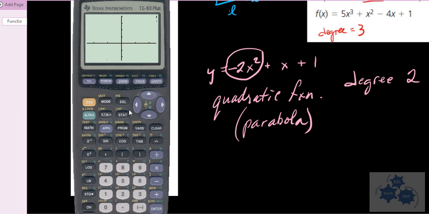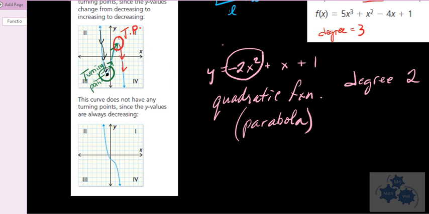All right, let's see what happens there. Wonderful, you're right. So it opens downward. Okay, so the end behavior changes. It's important. The end behavior changes when the sign on this changes. This is called the leading coefficient. I don't know if you'll see this in your textbook, but it's the leading coefficient. I will refer to it.